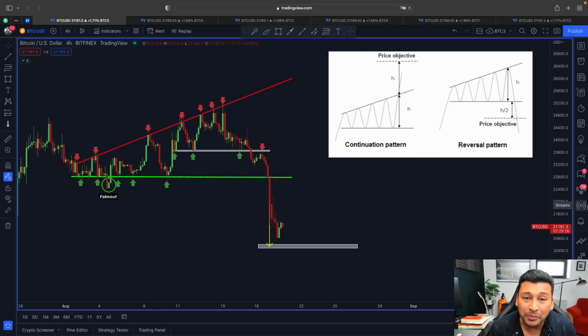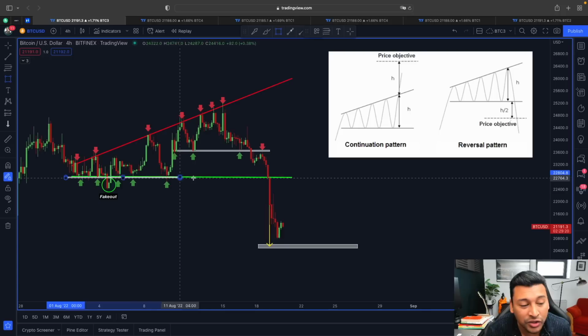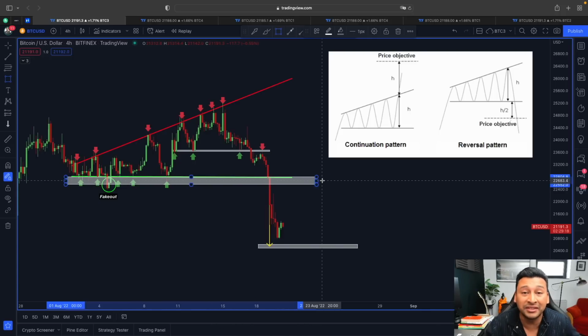As we can see, the price of Bitcoin is clearly showing weakness after breaking the support. One very important support line was in the 22,500 to 23,000 range, and since then we have clearly been showing this weakness, and price is also heading towards the target area which we mentioned in my yesterday's video.